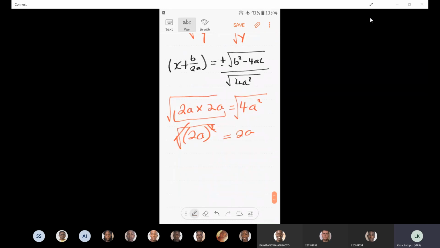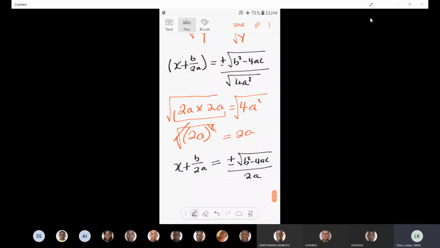So this simplifies to x plus b over 2a. I don't need the brackets. And this is equal to plus or minus the square root of b squared minus 4ac over 2a.